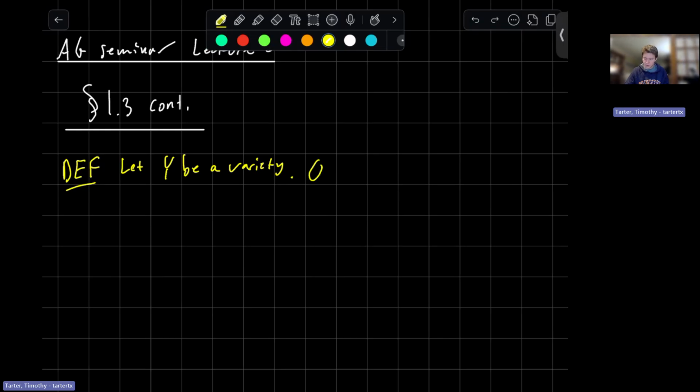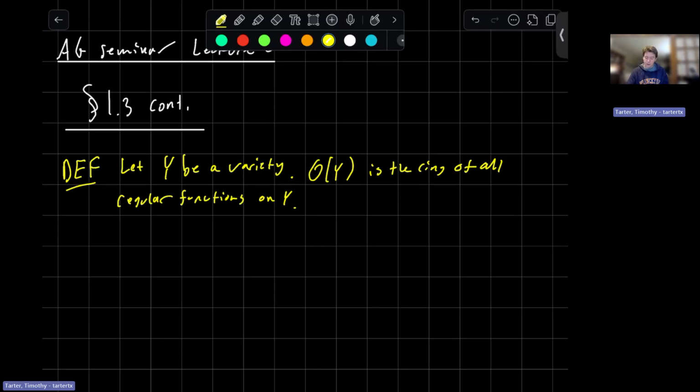O of Y, it's very important that you draw it that way, is the ring of all regular functions on Y. By the gluing lemma, two functions only have to agree on one open neighborhood to agree on all of Y. So the ring of regular functions works.